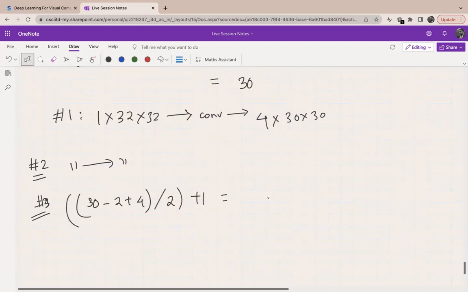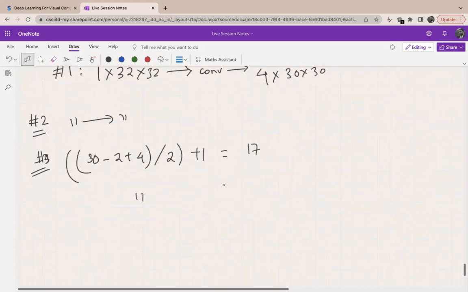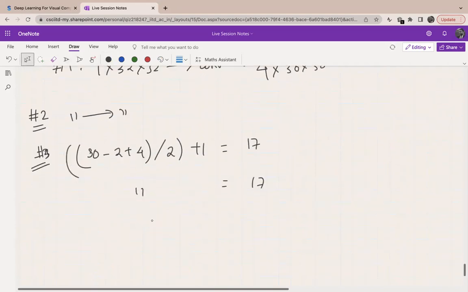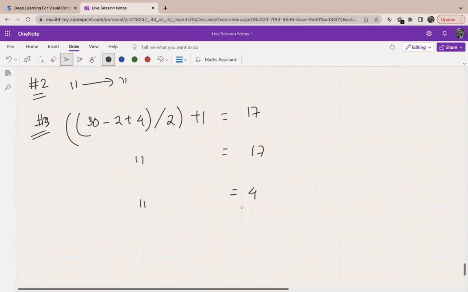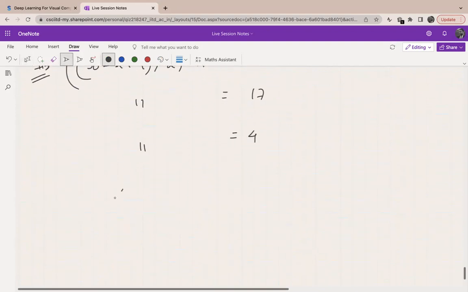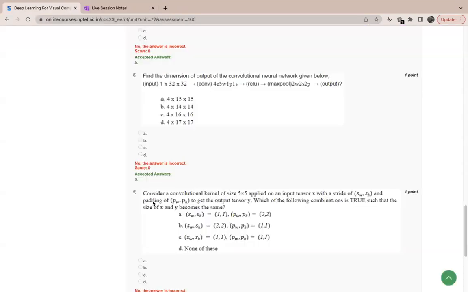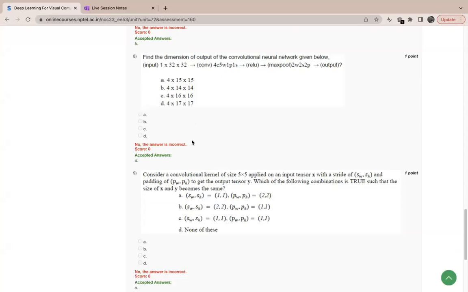That will be 28 plus 4 is 32, by 2 is 16, plus 1 is 17. Similarly for width, it will be 17. The channel will remain the same at 4. So the output would be 4 cross 17 cross 17, like this. Option D is the correct answer.